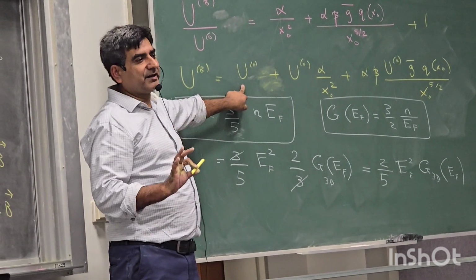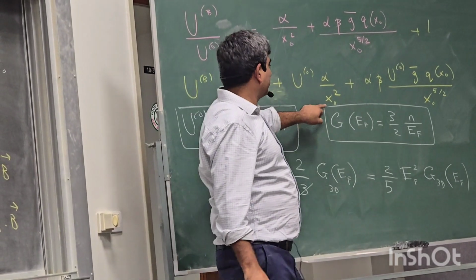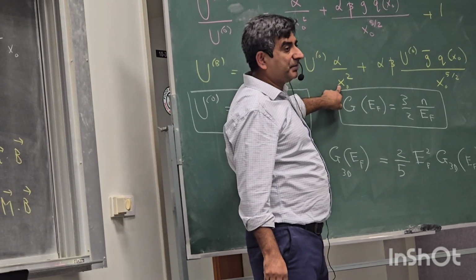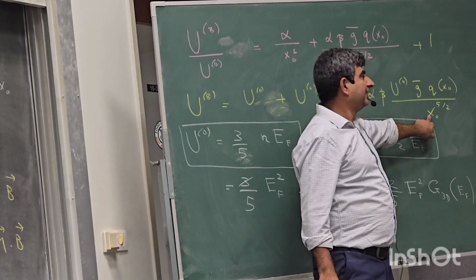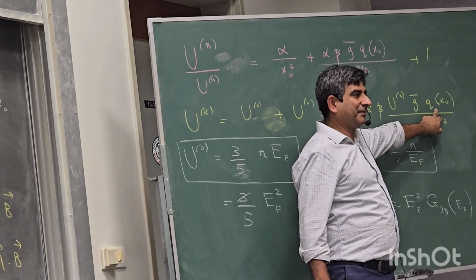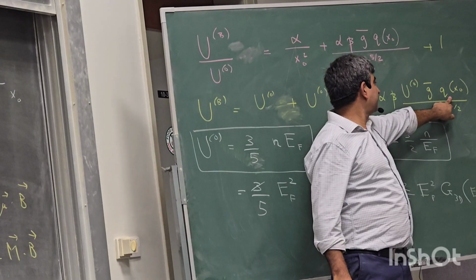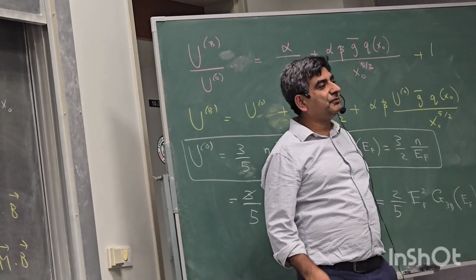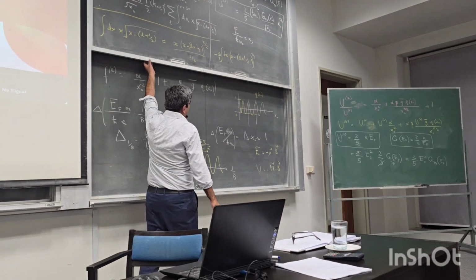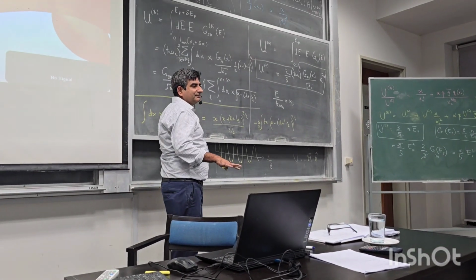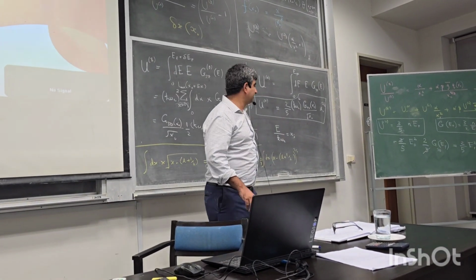It does not contribute to the magnetization. But these terms do, because there's an x naught here and x naught has a B in it, this term also has an x naught, and there's also an x naught in here because of the oscillatory nature. So from this I can calculate the magnetization of electrons inside the magnetic field.